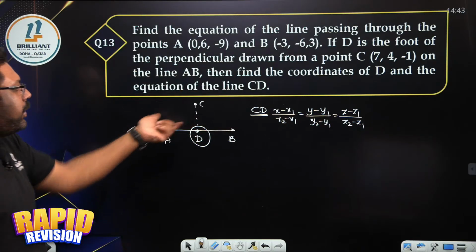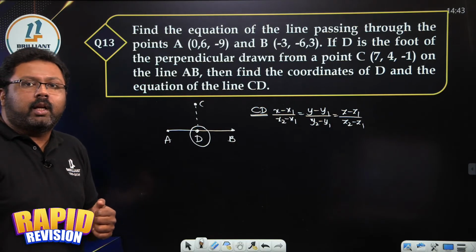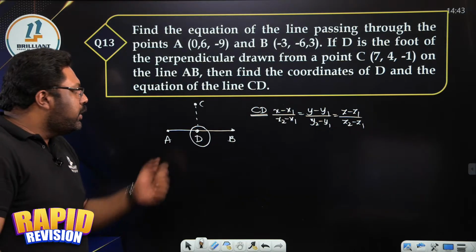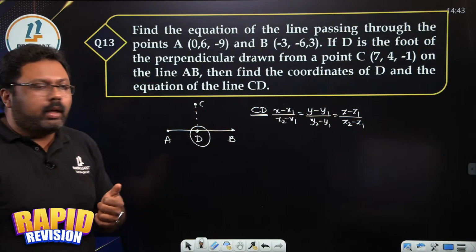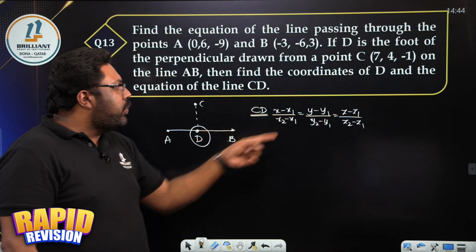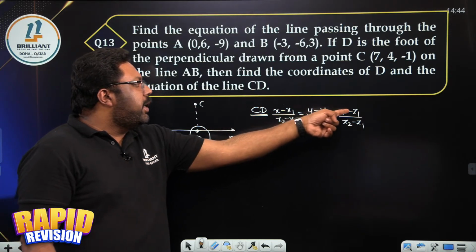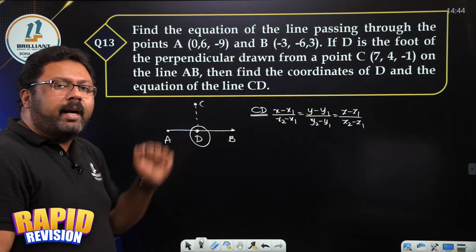Not going to waste my time teaching you again how to find the foot of the perpendicular. I did already 2 questions on that. You just have to find the equation of that line CD using the same idea. Try it out, my dear students.